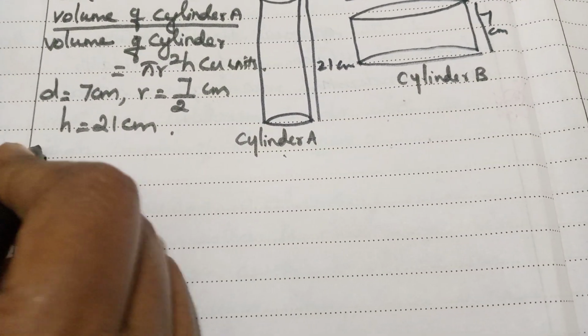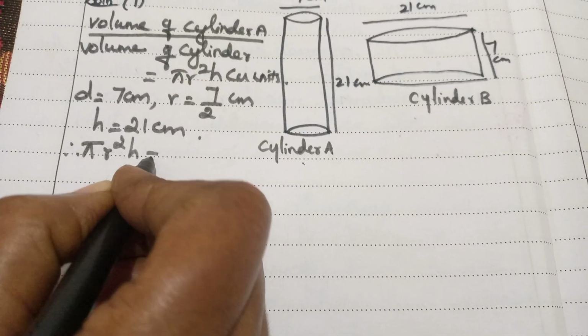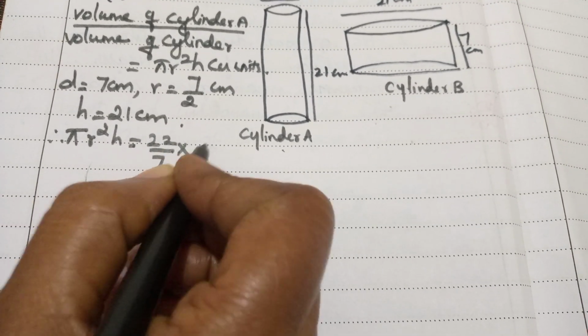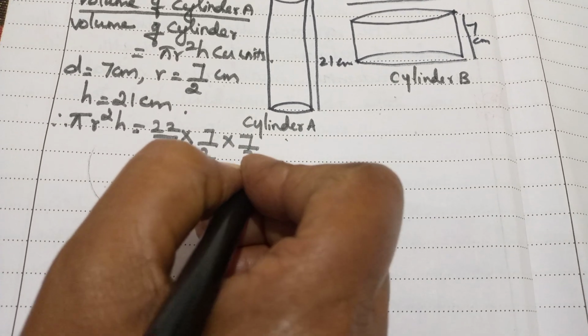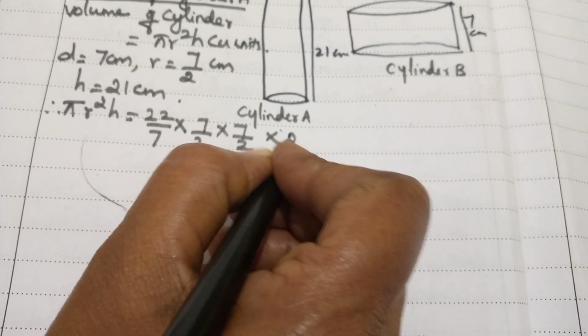So therefore, volume is pi r square h, which is equal to 22 by 7 into r square, that is 7 by 2 into 7 by 2, into the height value, 21.